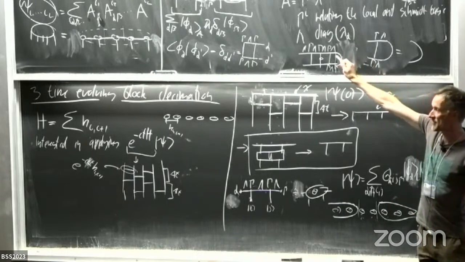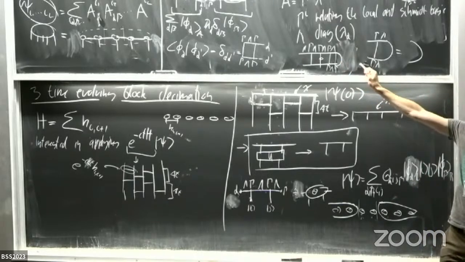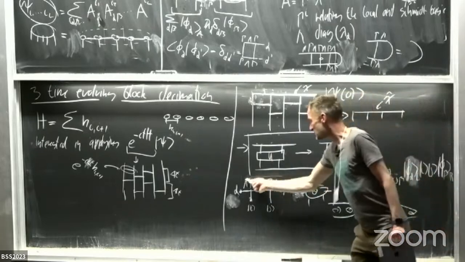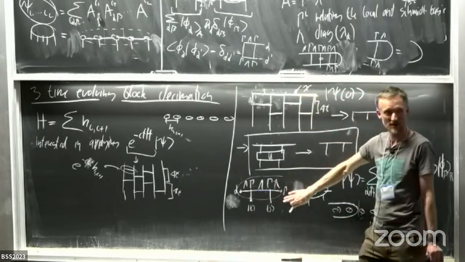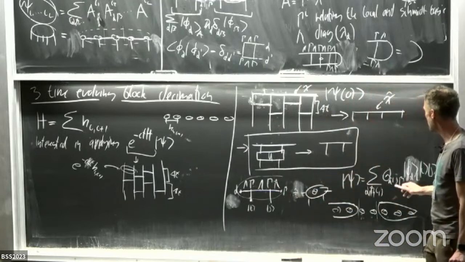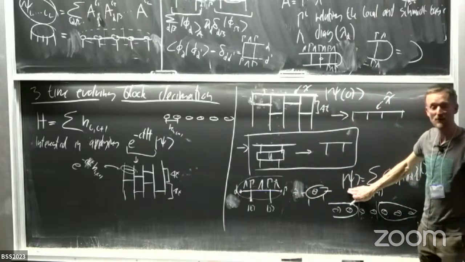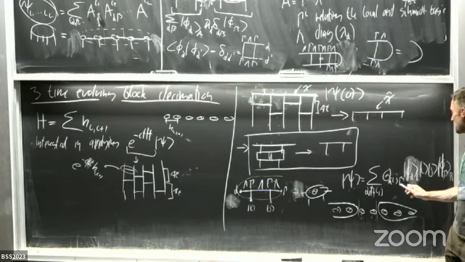So using the properties of this canonical form, just by pulling out some of these matrices from my matrix product state, I get immediately a representation of the full wave function in terms of a mixed basis.